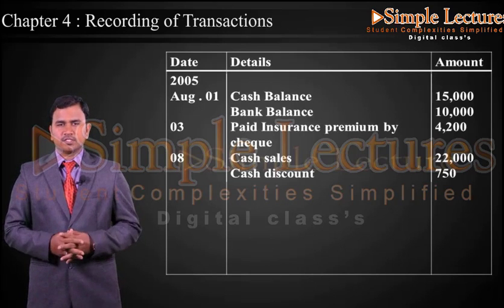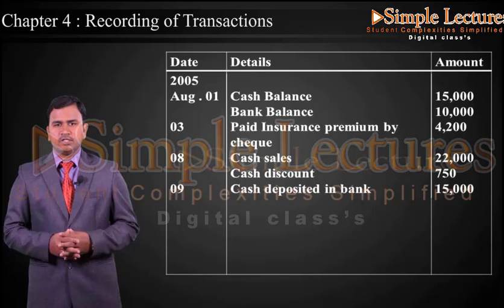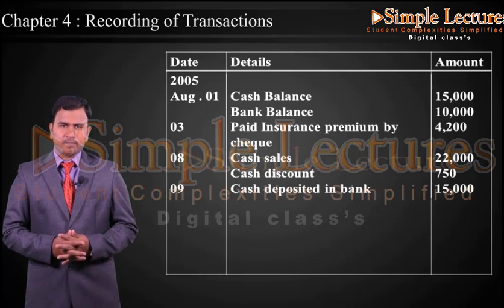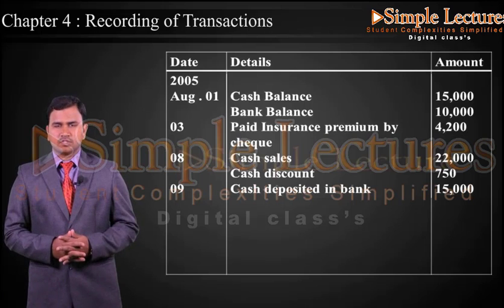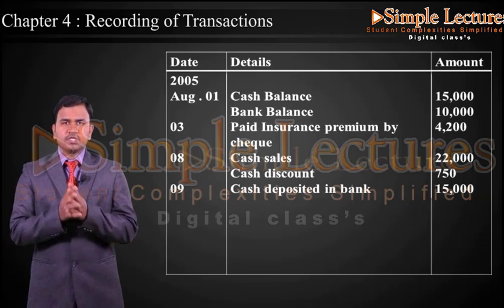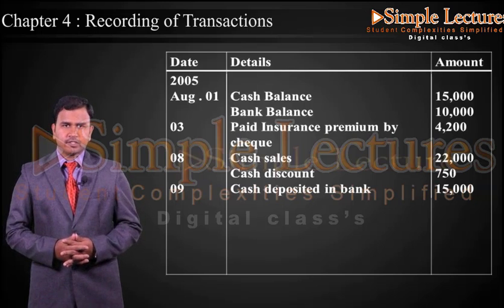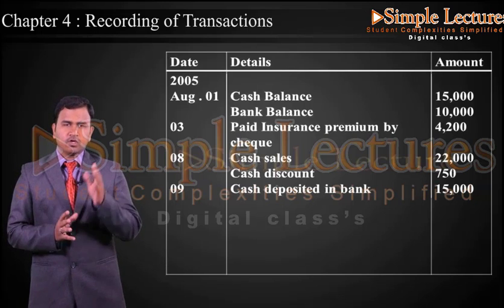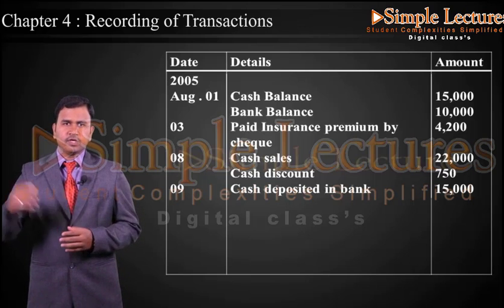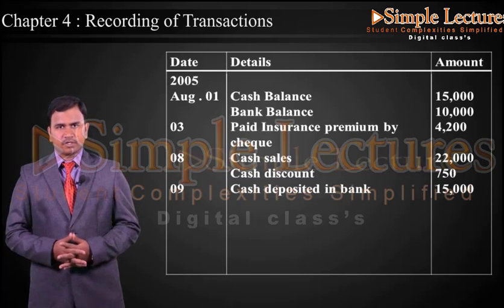And the next transaction we have on August 9th is cash deposited in bank 15,000. When coming to cash deposited in bank, this entry will be called a contra entry. Contra entry in the sense, on the same date we are going to record two entries, one on the debit side, another on the credit side.